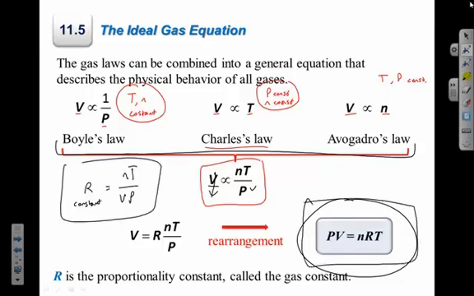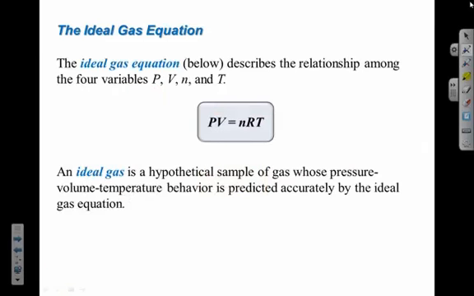Either way, I have a formula that relates all of the variables involved in looking at the properties of gases. And so any problem where any one or more of those variables are changing, I can plug things in and solve using the ideal gas law. R is a constant, so I just need to know the value for R, and I can use that and plug things in.